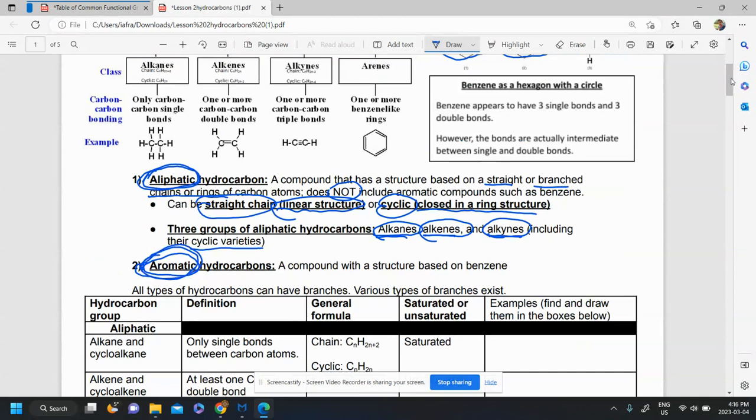Aromatic contains benzene. Aliphatic does not. Aliphatic hydrocarbons can be straight chain, meaning linear, or cyclic, meaning in a ring structure. And then if you're aliphatic, you can either be an alkane, alkene, or alkyne. The ending there is important because that tells you what type of hydrocarbon you're dealing with.